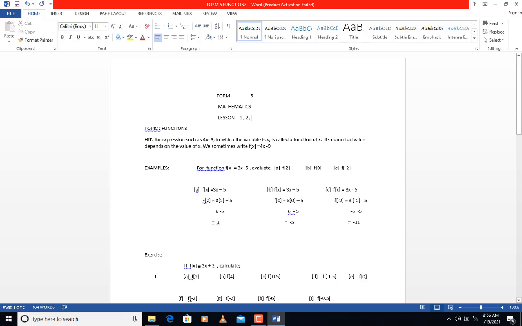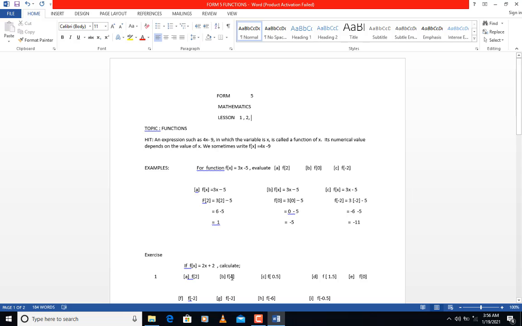For this exercise, we are going to calculate, for instance, number 1, if f of x is equal to 2x plus 2, calculate the value of f of 2, then f of 4. So in all these questions, A, B, C, D, E, F, G, where there is x, you substitute with the 2 and find the value.